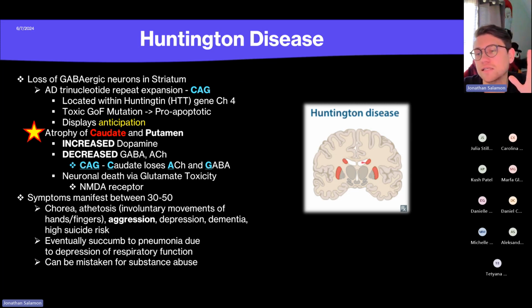This is also one where they will give you Huntington's disease, and you will be like, oh, this is Huntington's. And then they'll point with a bunch of arrows and ask, where would you expect to see degeneration of neurons? So you need to know it's in the caudate or the putamen. Usually the caudate, but if they ask you to point and they're both options, put caudate. Just be aware that it could technically be both, because those are both part of the shebang.